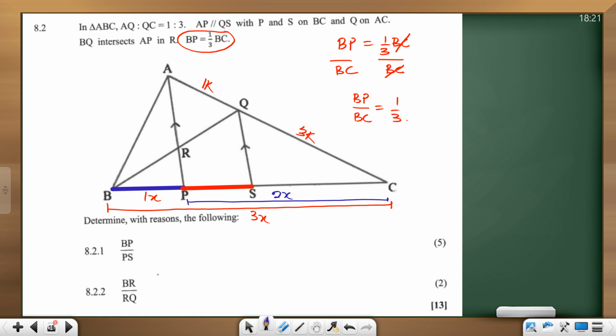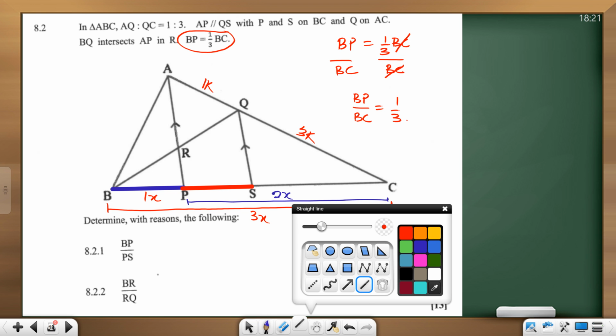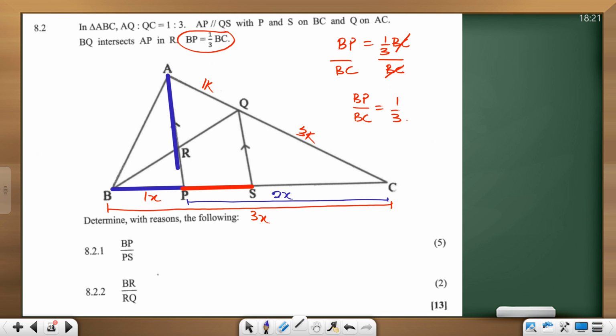What is it that I can get? I am now working with which triangle? This triangle, right? Does that make sense to us? That's the triangle I'm working with. What ratio can we write? PS is what is missing.